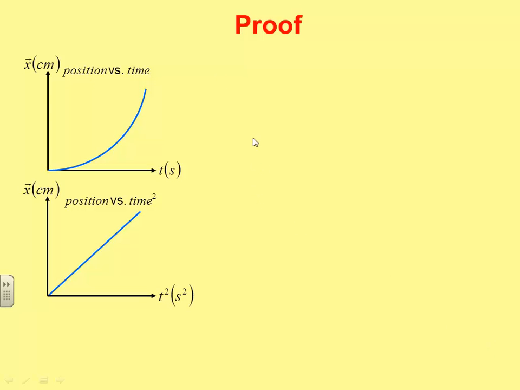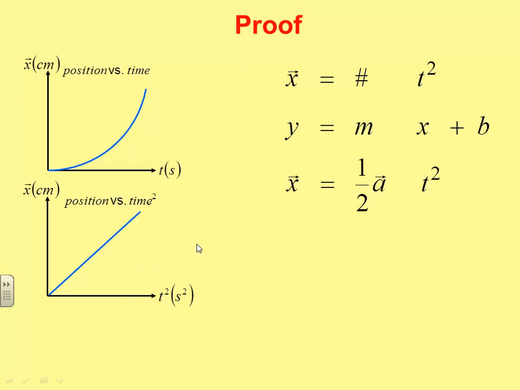Let's compare that to the results of our original lab. Here was our graph of position versus time squared, which was linear. We created an equation that looked like this, where this number was the slope of your position time squared graph. We created that by doing y equals mx plus b. Now compare that to the equation we just theoretically derived. Look at the y.